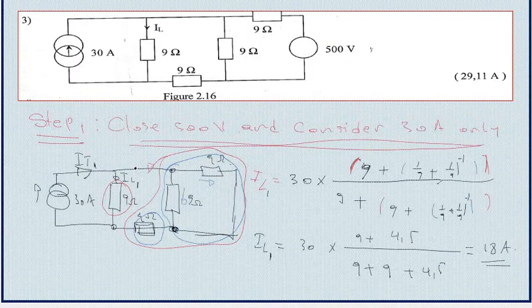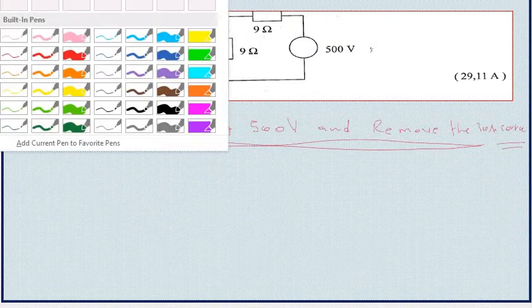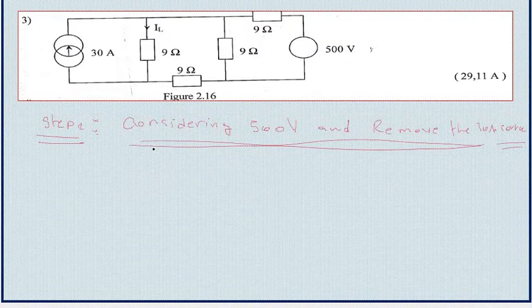So now I'm gonna go to step 2. So in step 2 we are going to consider the 500 voltage source, and we are going to remove the 30 amp source here.